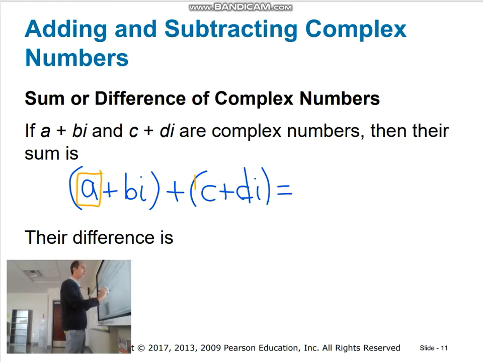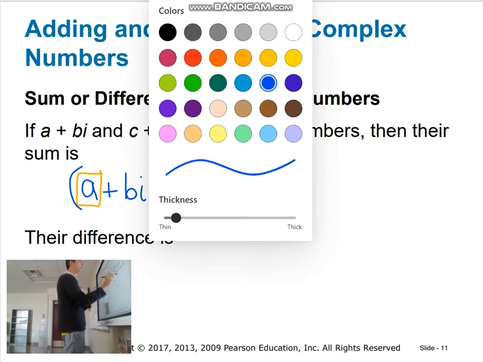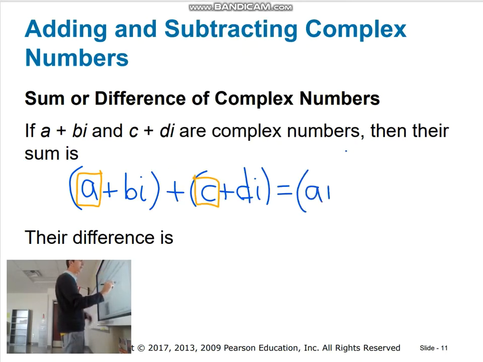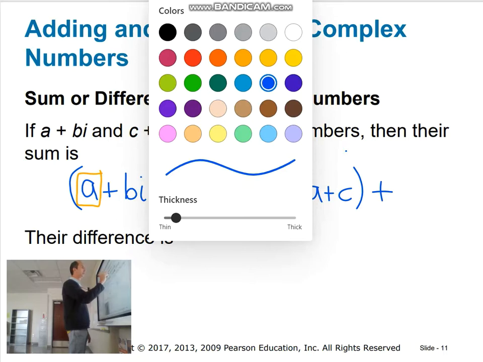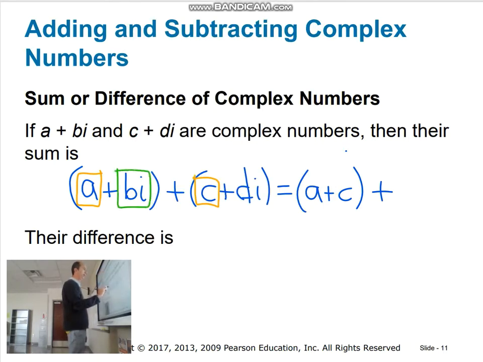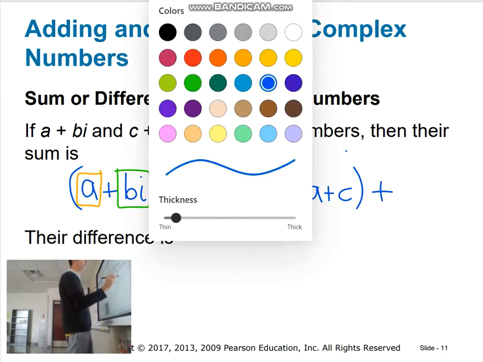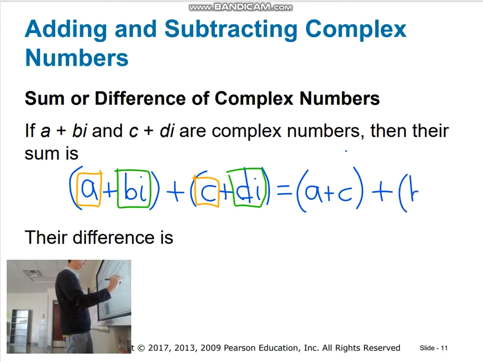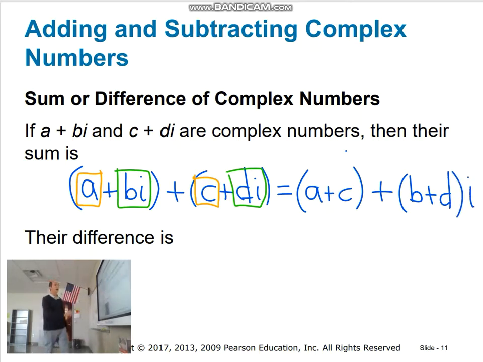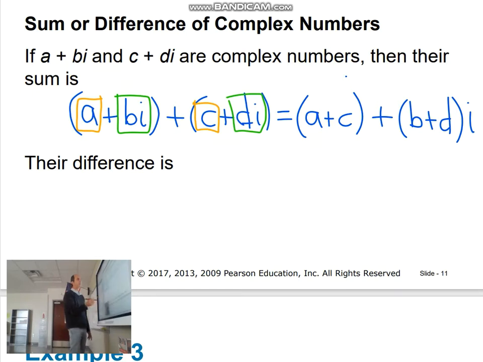You have a and c as the real part, so you're going to add a plus c. And what's the imaginary part of the complex number? Yes, bi and di is the imaginary part, so you can add b plus d times i. That is how you sum complex numbers.